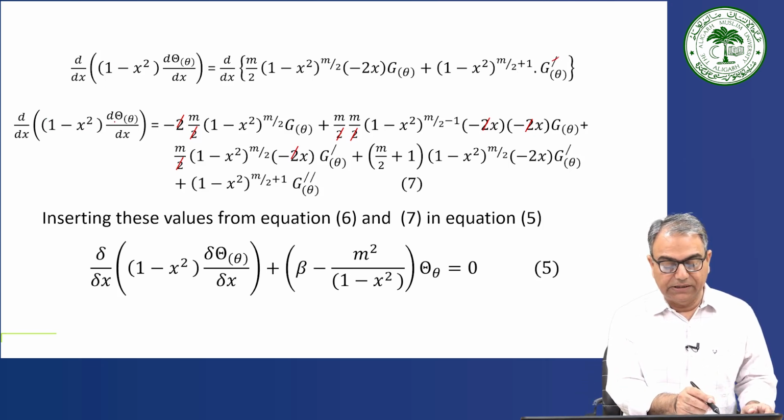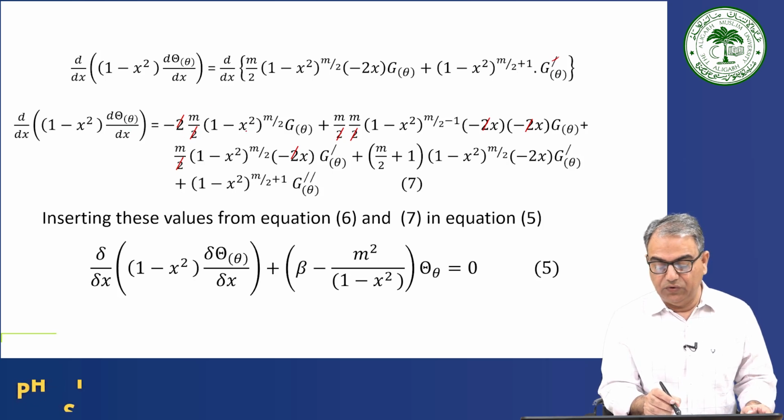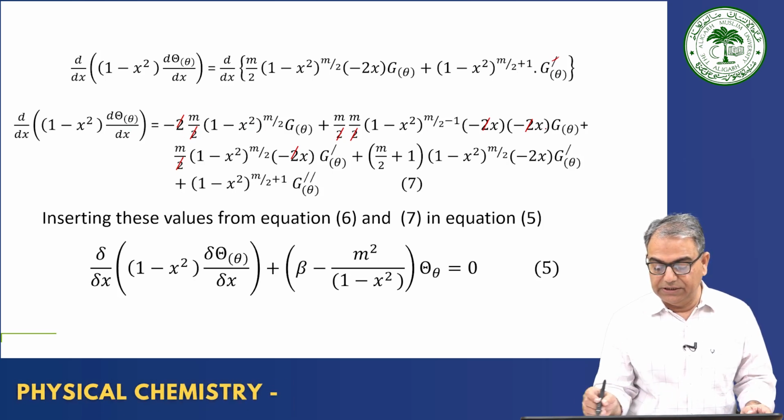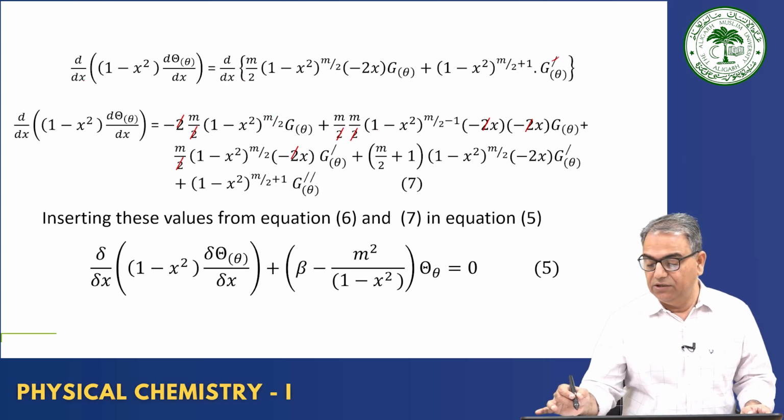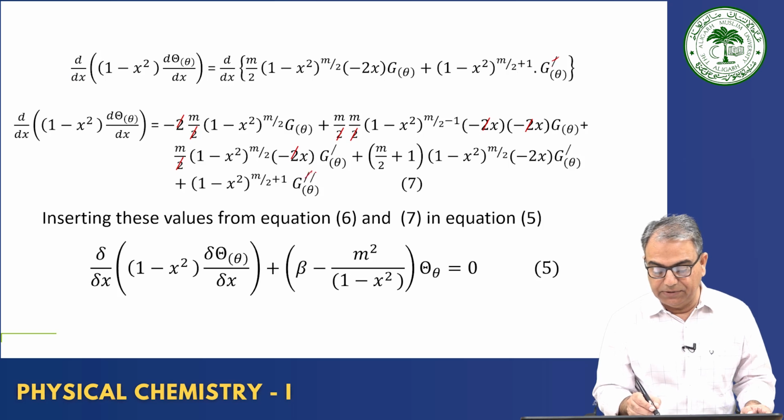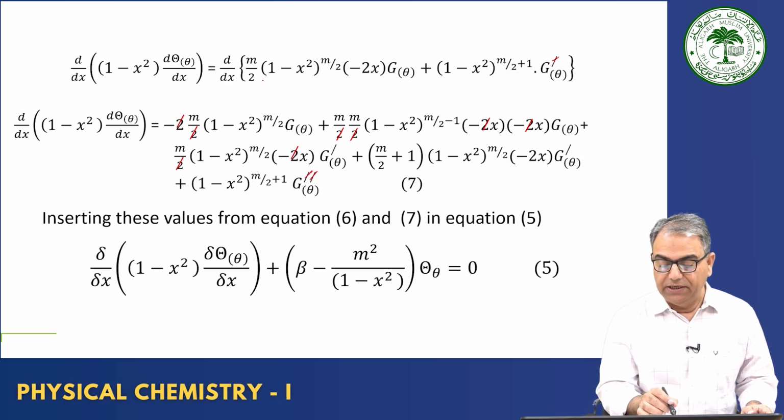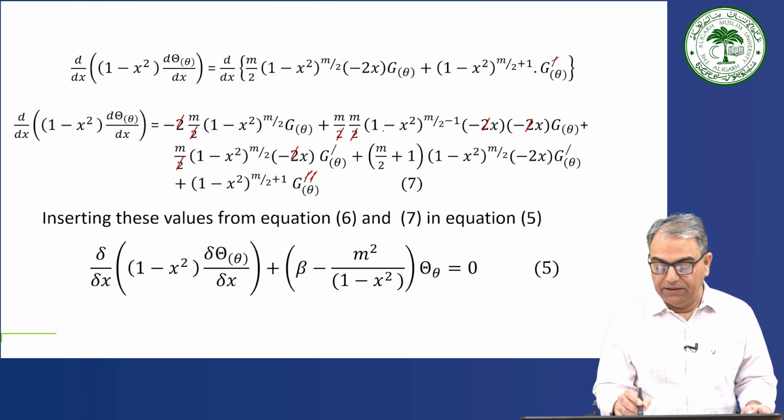d dx of 1 minus x square d theta by dx becomes equal to minus 2 m by 2 1 minus x square and all those things. And ultimately, if you are differentiating again, this will be g double prime theta, because you will have to do double differentiation. And again here you have 1 minus x square to the power m by 2 and x g theta, so it will be like this.